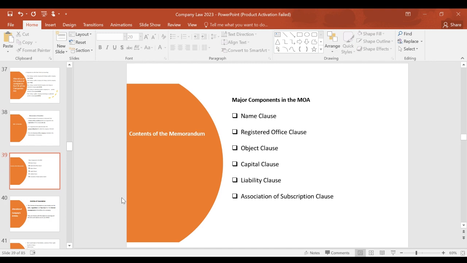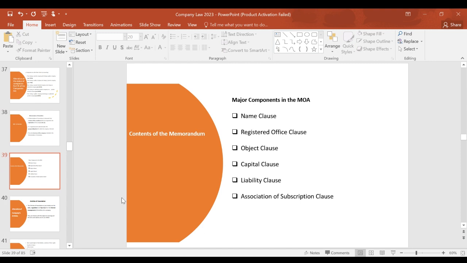If it is importation of vehicles, they have to indicate importation of vehicles. If it's in the banking sector, they will have to expressly indicate which scope within the banking sector that this company will be operating.